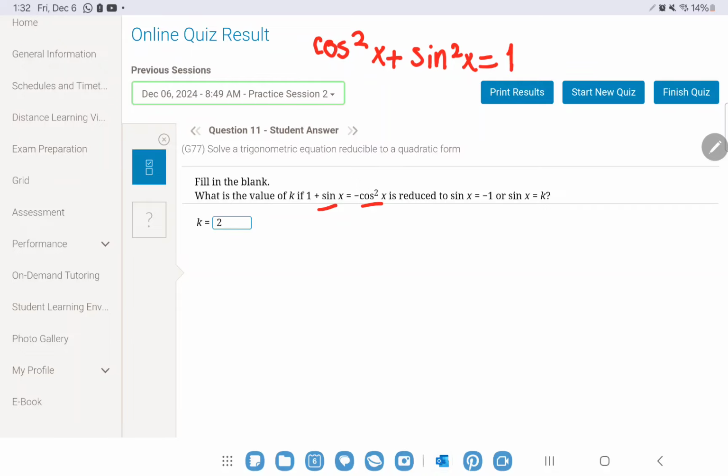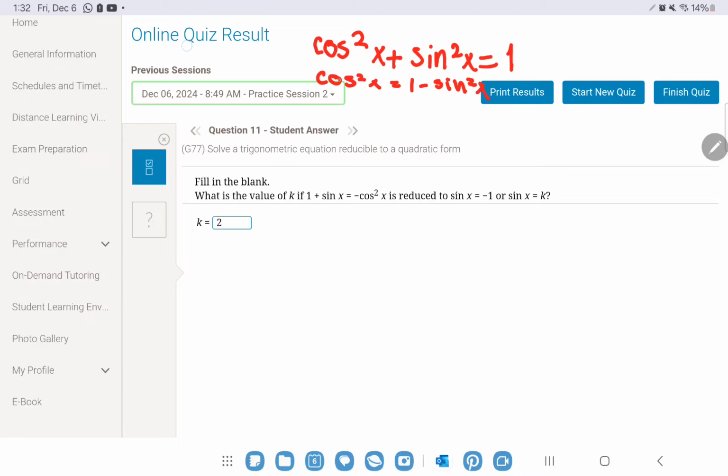Now, look. Like I said, you look at the one with squared in it, and that's the one that you change to the other one. But here you can't really change it unless you make it in terms of it. So here you just switch up your equation a bit. So cosine squared x equals 1 minus sine squared x.